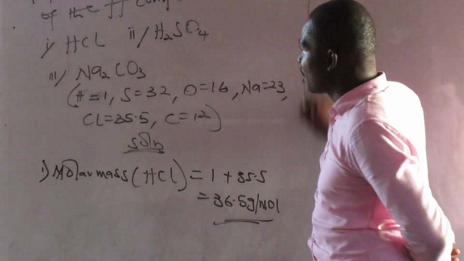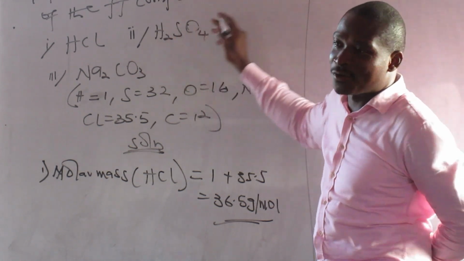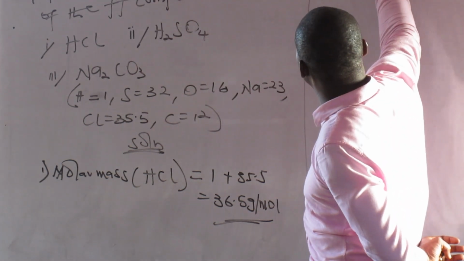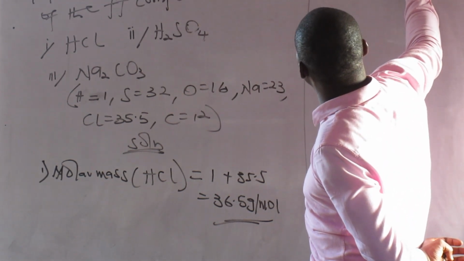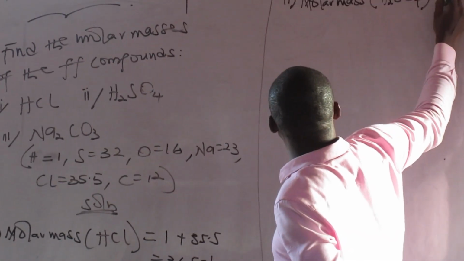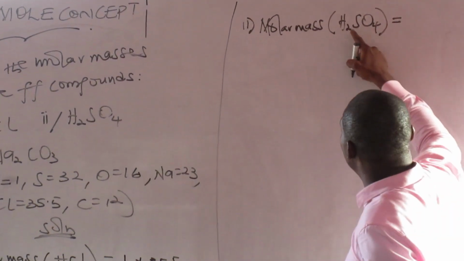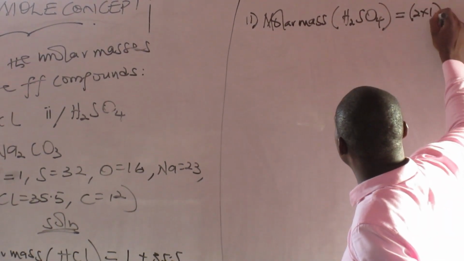Next. Now let's look at the molar mass of H2SO4. Using the representation of H2SO4, H is 1. The mass is 1, but it appears twice. You see that?